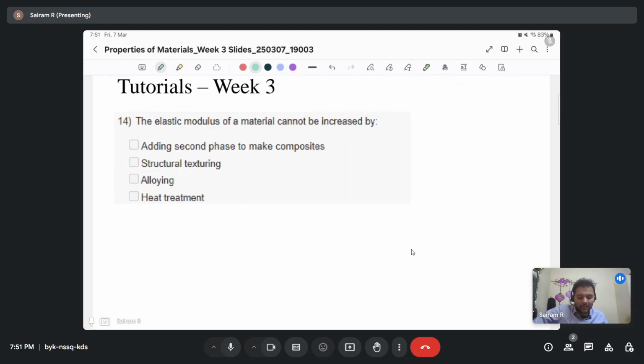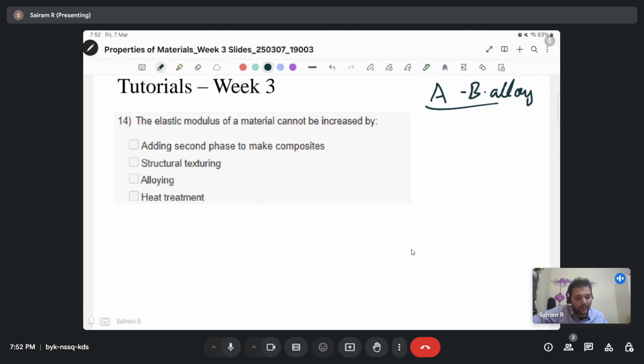Structural texturing is also when we have polycrystalline material and we try to align it, we are trying to make changes to the elastic modulus. Even with alloying, we are going to be changing the composition, which means the bond energies will change. In the case of alloying, let's say we have an AB alloy.